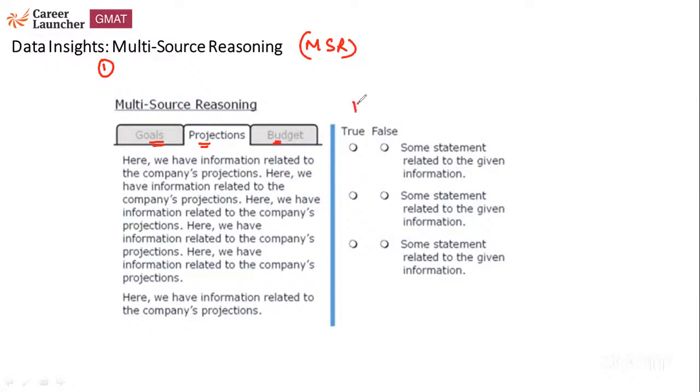On the right hand side of the screen, there will be on an average 2 to 3 questions or 2 to 3 subparts. Let's say this is part A, part B, and part C of that question. So the information to answer the questions is on the left hand side, and questions are on the right hand side.